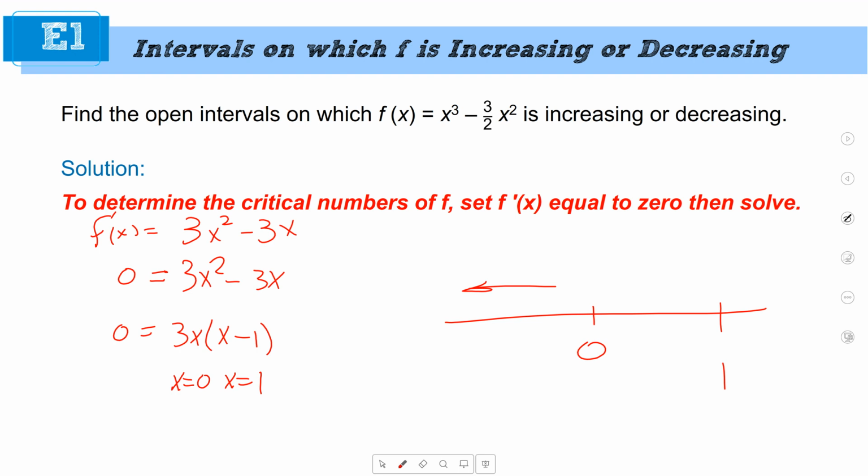Mason. You could plug in a value. Good. What value would you like? -1. If I plug -1 into this mess, let's go here. This would be easier. If I plug -1 into this, will I get a positive or a negative value? Positive. It's a negative times a negative, so it would be positive. Okay, Mason, what's a number to pick in here? A half.